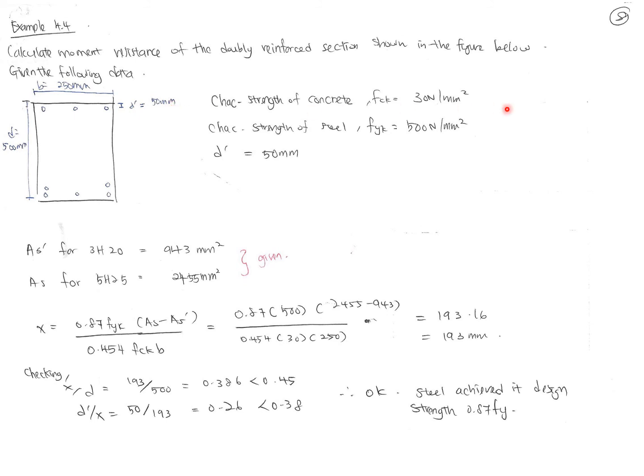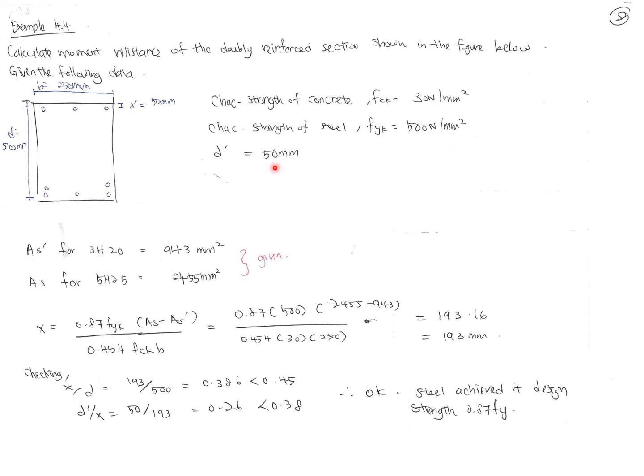Okay, so the characteristic strength of concrete is 30 Newton per millimeter square, different from the previous examples, and the characteristic strength of steel is still fyk 500 Newton per millimeter square.